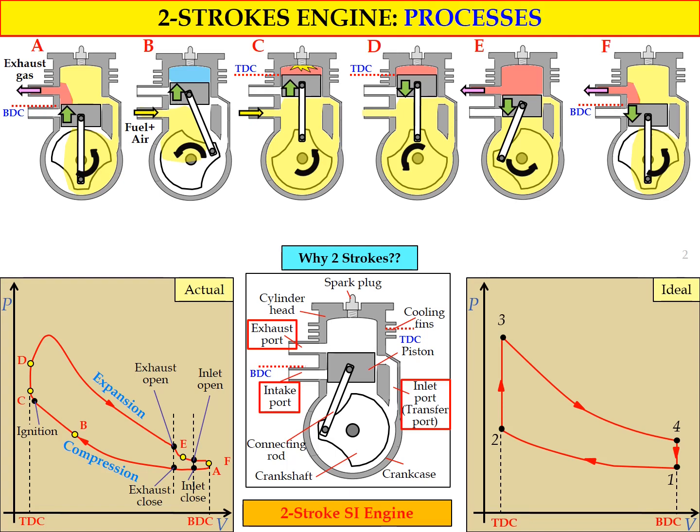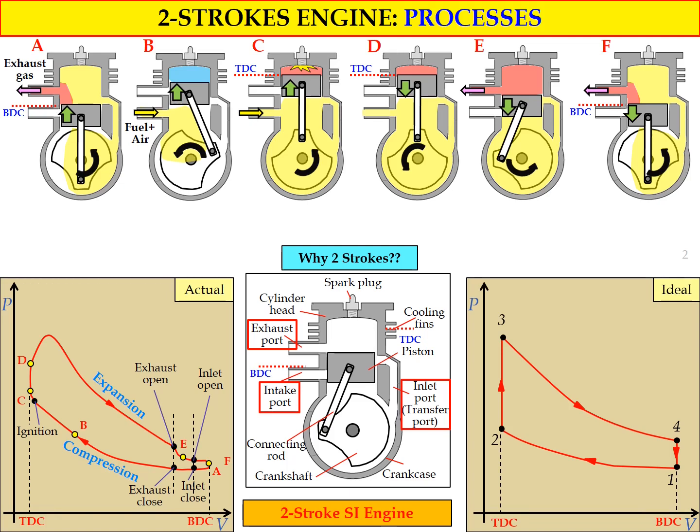From state number 2 to state number 3, we have the combustion process, where the pressure drastically increases. The process from state number 3 to state number 4 represents the expansion process, where the pressure decreases and the volume increases. The last process is the exhaust process, from state number 4 to state number 1, at constant volume at BDC, where the pressure continuously reduces to close to atmospheric pressure.